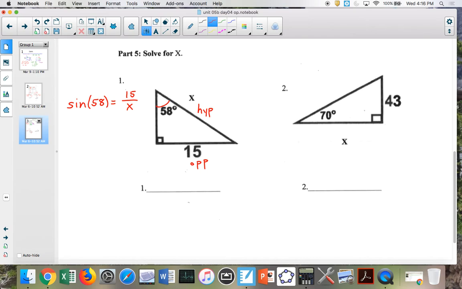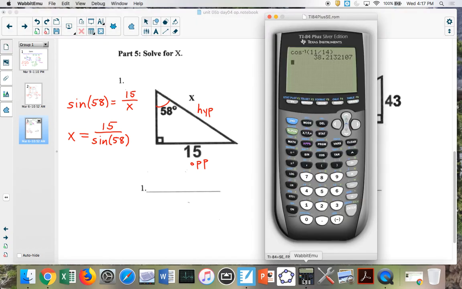We've talked about in class how to solve these. So that's the same equation as saying x is equal to 15 divided by sine of 58. Remember, sine of 58, if you punch that in on your calculator, it's just a number. It's a long continuous decimal. It goes on forever. So we want to do 15 divided by that number. So, grab the calculator.